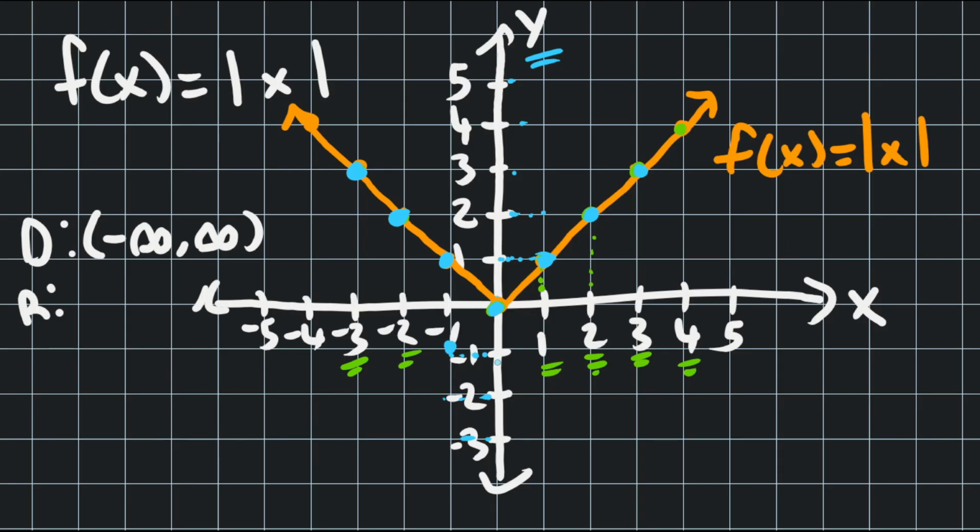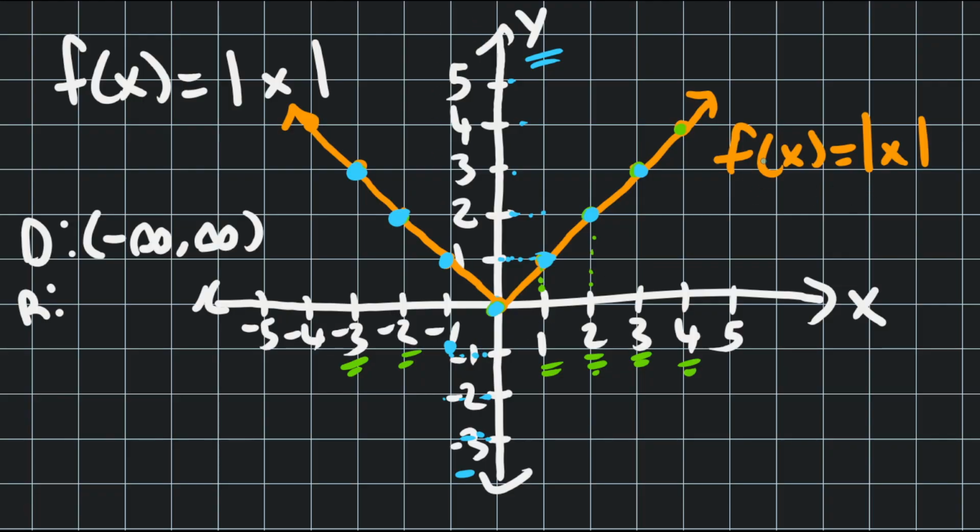Can y be any negative numbers? Like, can y be negative 3, for example? Well, no, because at y equals negative 3, it does not touch the function f of x in orange. So it doesn't touch the function, so y can't be negative 3, y also can't be negative 2 or negative 1. In fact, y can't be any negative numbers.